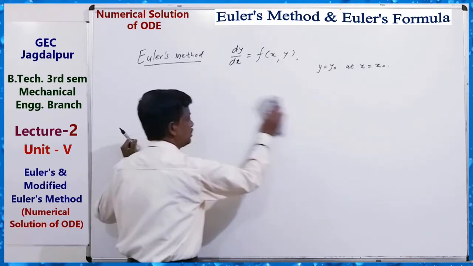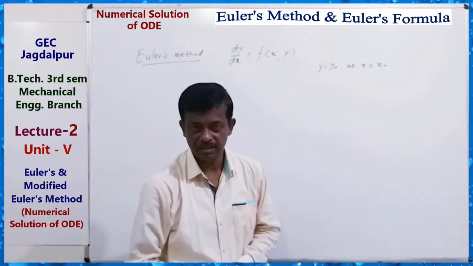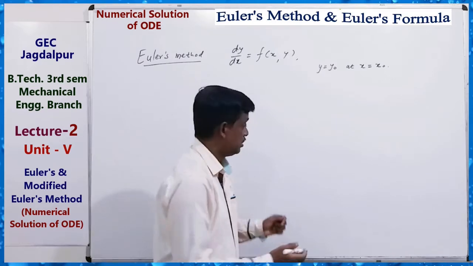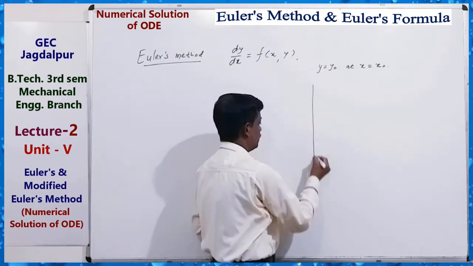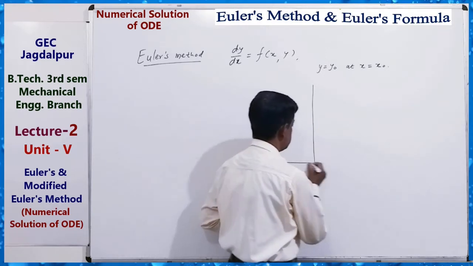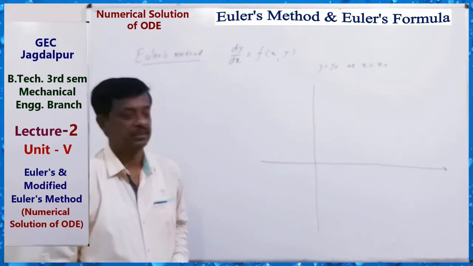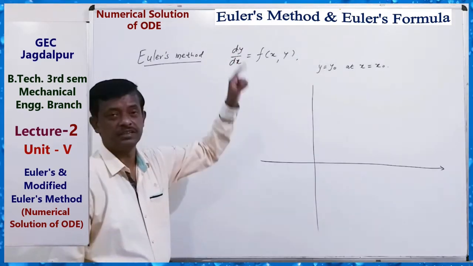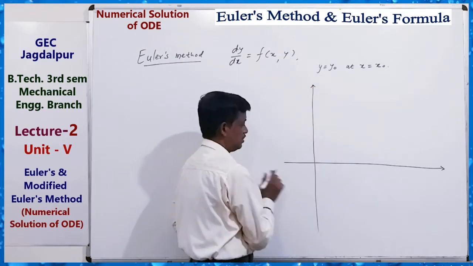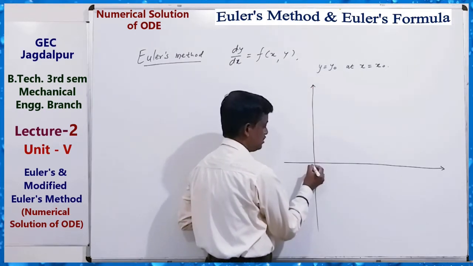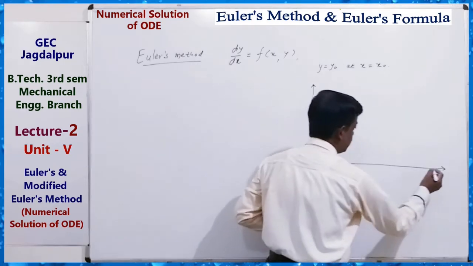Suppose this is the y-axis and this is the x-axis, the value of y lies on this, and this is the origin.